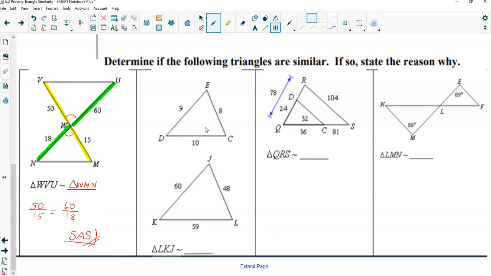Let's take a look at this second one. This second one would be by side, side, side if they are proportional. So the first thing I want to identify is my corresponding parts. I look for the shortest side. The shortest side here is 8, EC, and here it would be JL. Then I go for my middle side, which would be 9.